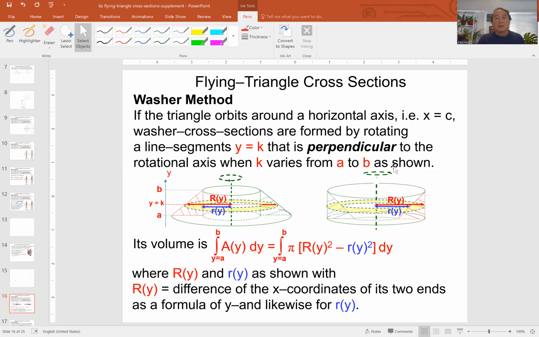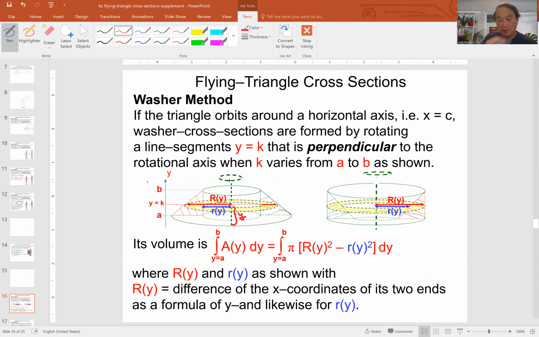And here is the washer method. If the shape is rotating around the y-axis now, the ring is formed by taking, for a given y, the horizontal cross sections, and then we get the rings.